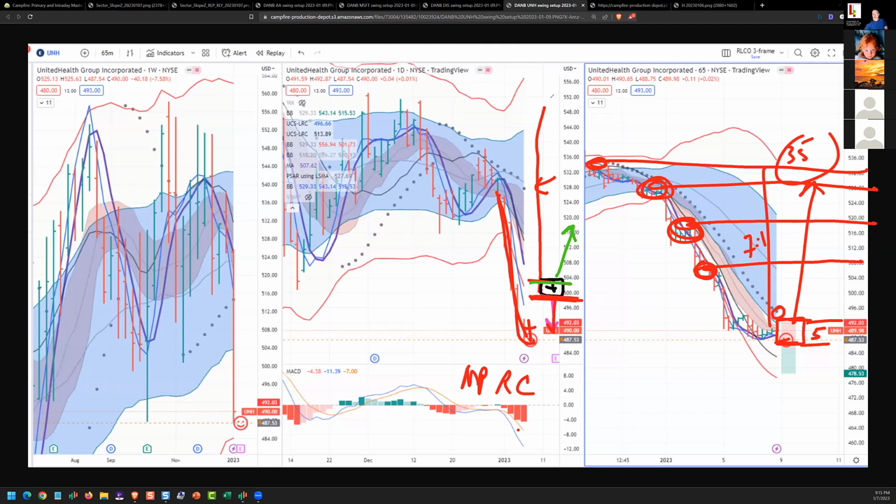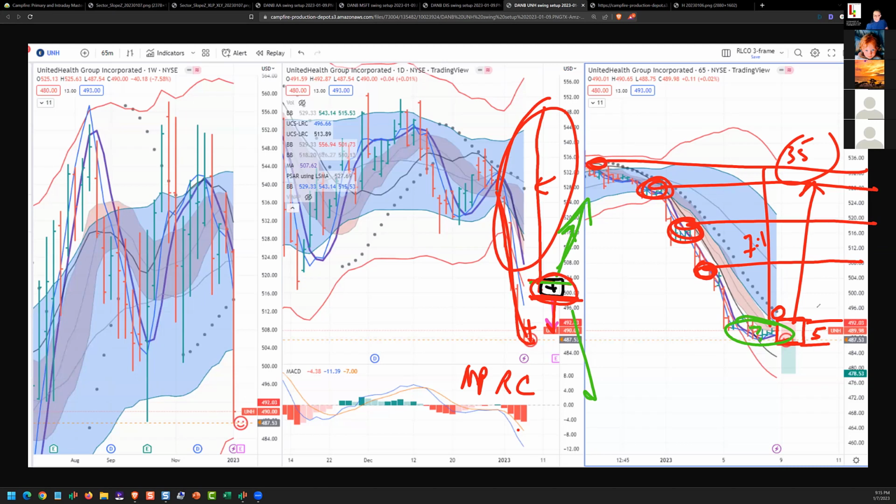The change in psychology from max pain to a doji range compression, that is an enormous shift in psychology.